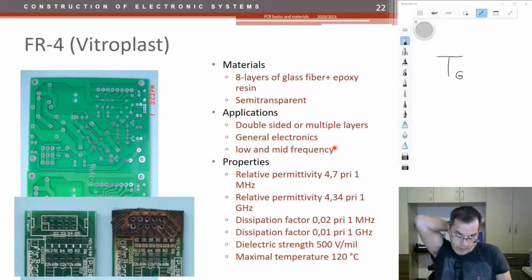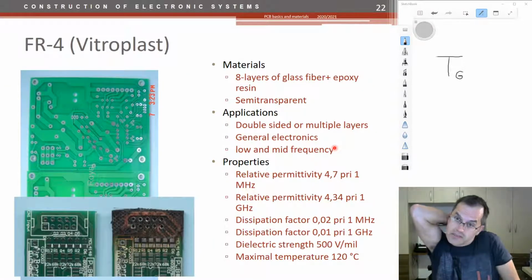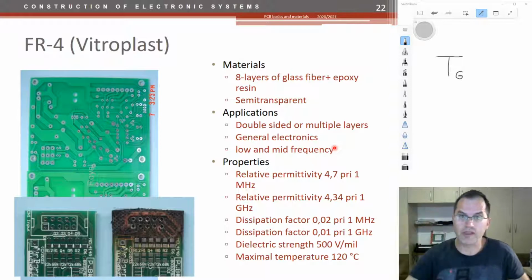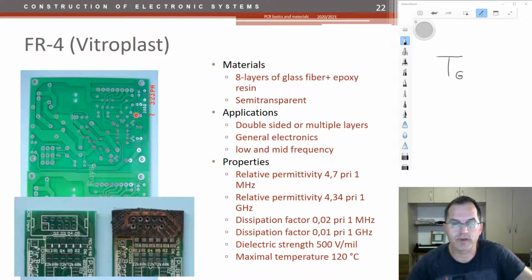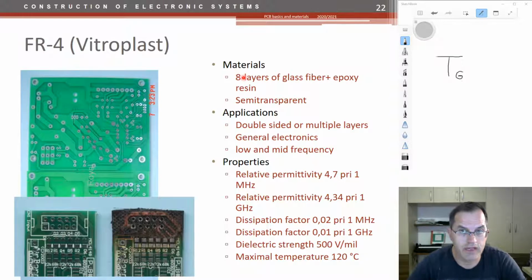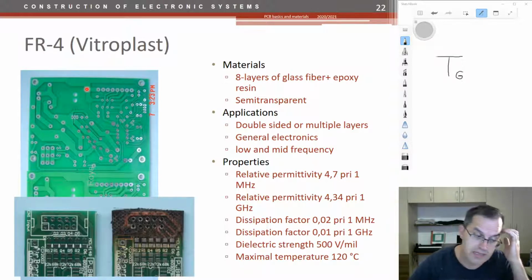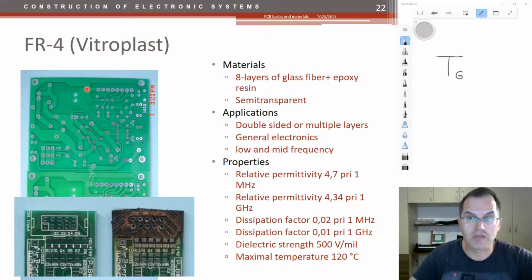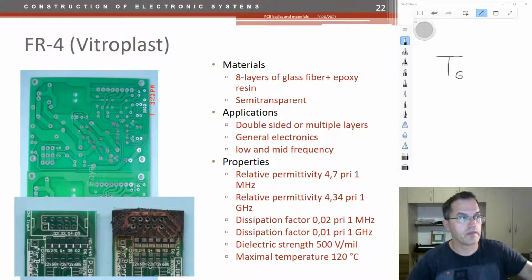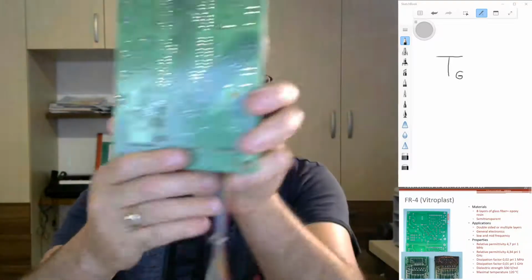Continuing with FR4. FR4 is the most commonly used material now because it more or less has all the properties needed for everyday electronics. It's made of 8 layers of glass fiber, reinforced with epoxy resin. It's semi-transparent, so you can actually see through it.